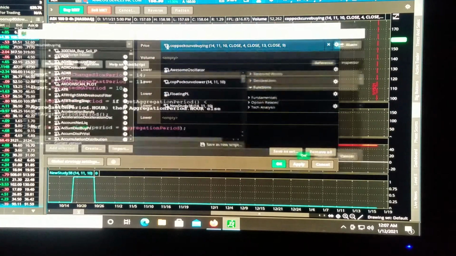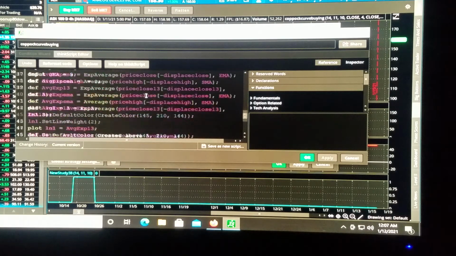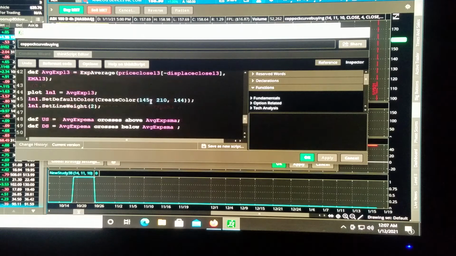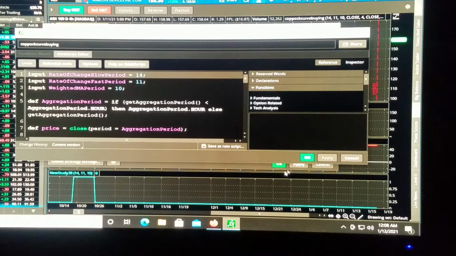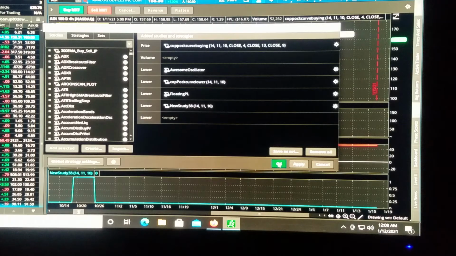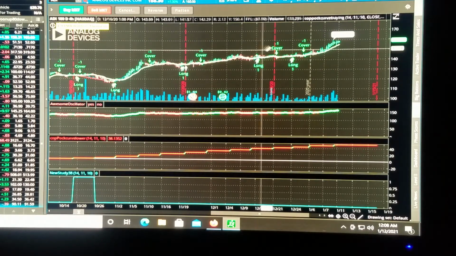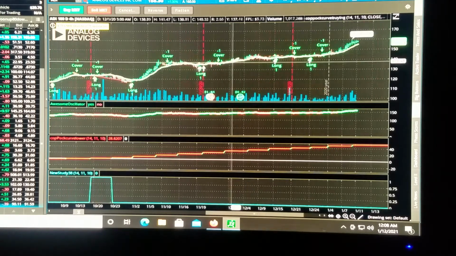And this is a Coppock curve study. It's very neat. Not the most reliable robot, but it does work.